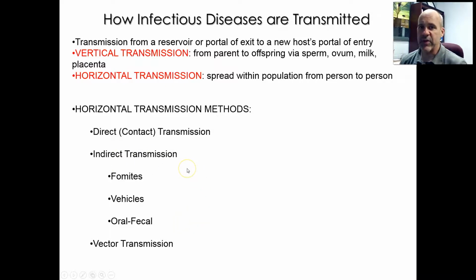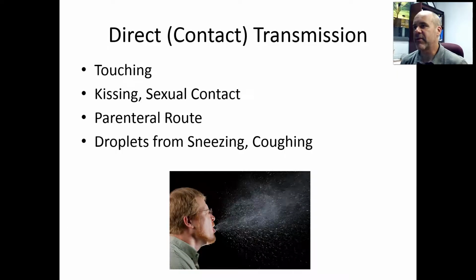In indirect transmission, the hosts don't actually have physical contact with each other. And then finally, there's vector transmission, and that involves arthropods, insects and other similar types of living things that can transmit pathogens.